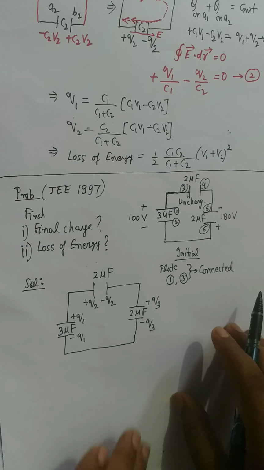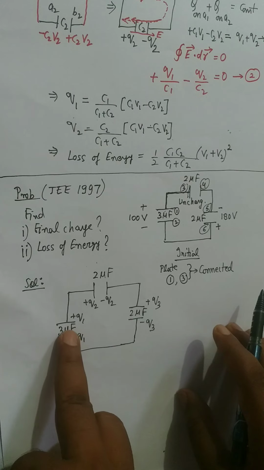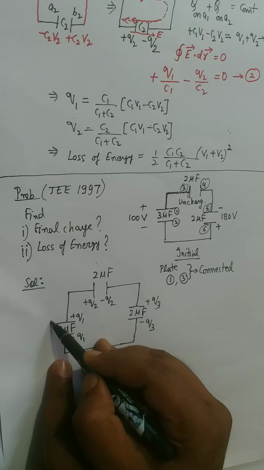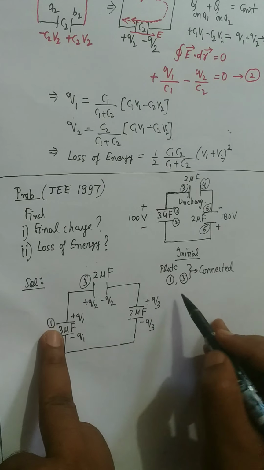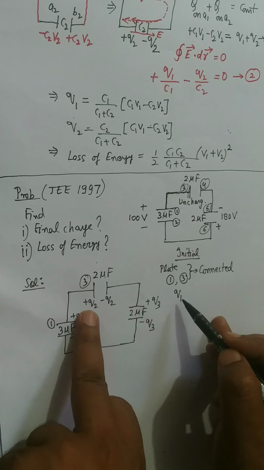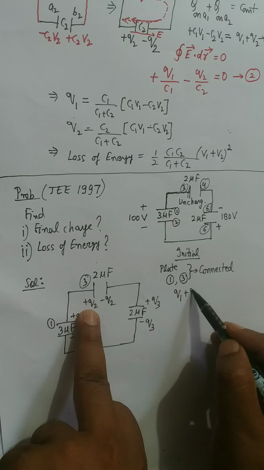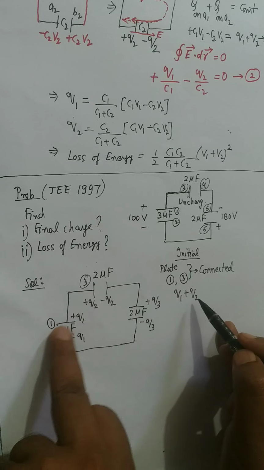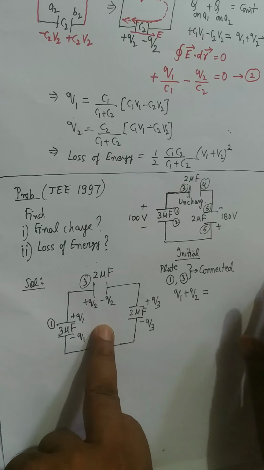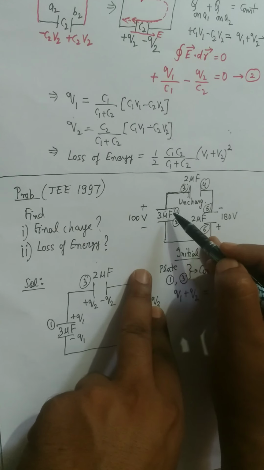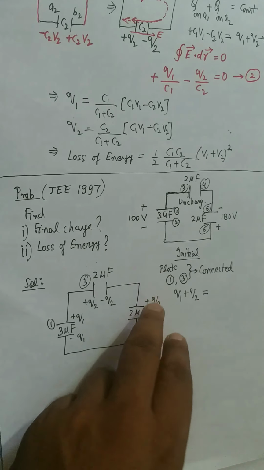What is the charge on plate 1 and plate 3? The charge on plate number 1 is now Q1, whereas the charge on plate number 3 is Q2. So the total charge on plate 1 and plate 3 in the final stage is equal to the total charge on plate 1 and plate 3 in the initial stage.